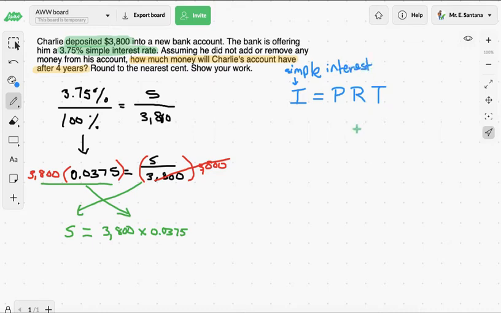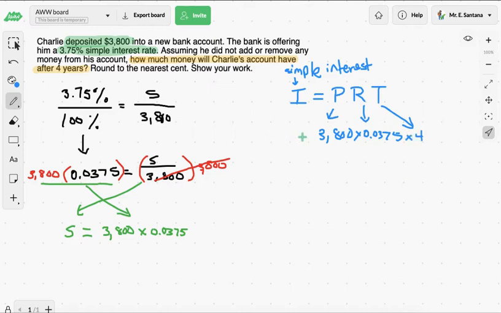We already know that the principal is 3,800, the rate is 0.0375, and the time is 4 years.